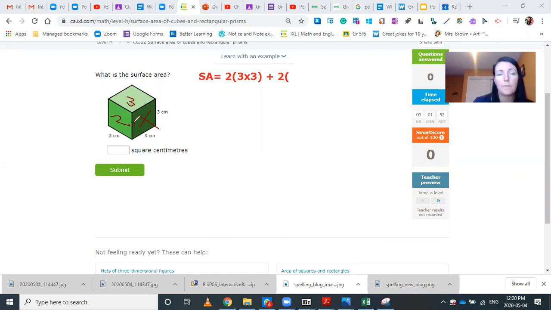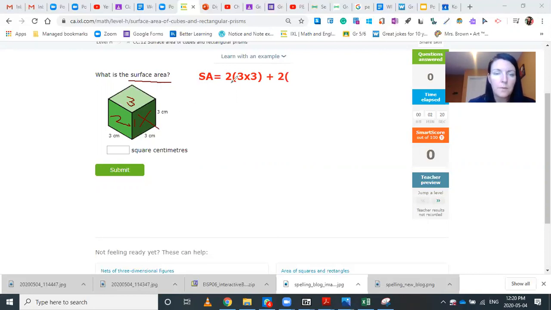And really it does not matter anymore which order you use, all right? You can see that this is a cube, so you could just say there are 6 of the 3 by 3, and that would shorten your day. But for the understanding of how to do surface area, I'm going to go the long way around so that it will apply both to a cube and to a rectangular prism.